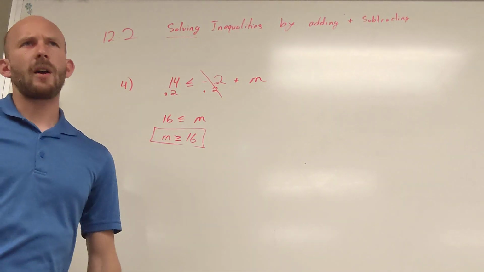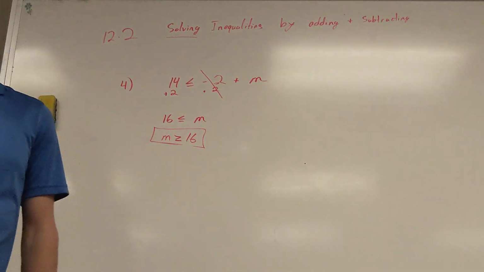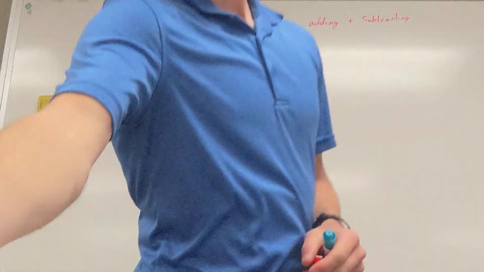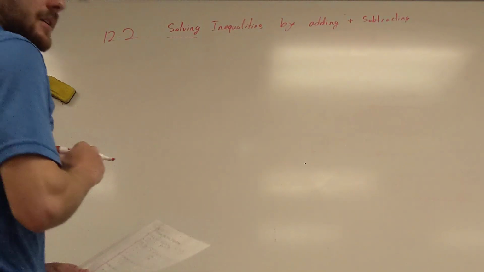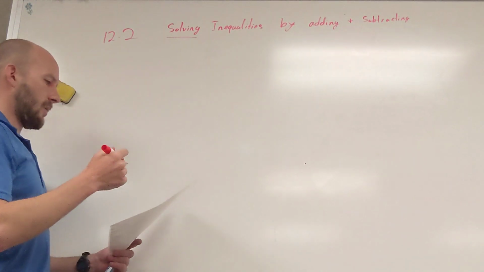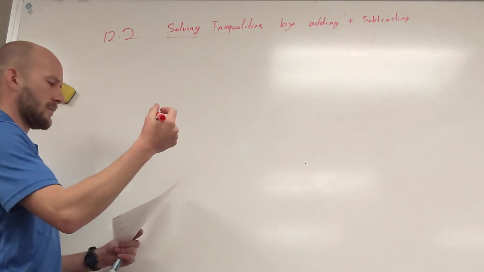I don't think we'll graph that one just for the sake of time. I think you guys are pretty good on graphing. So, all right. The same sort of process, but there's going to be a variable on both sides of the inequality. So that was number 4. Okay.